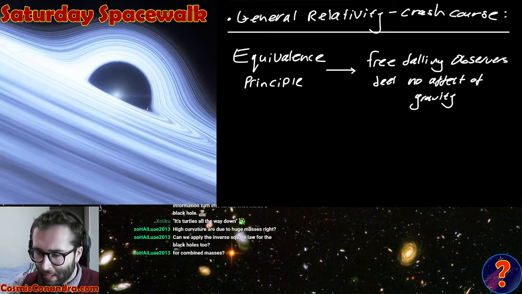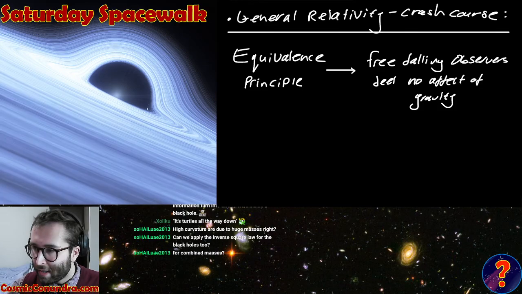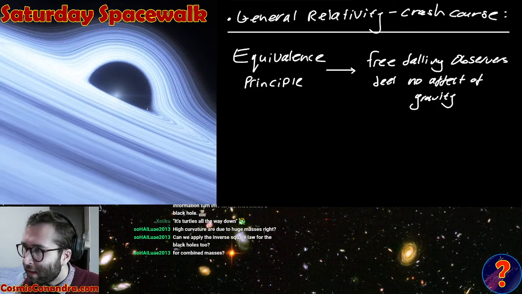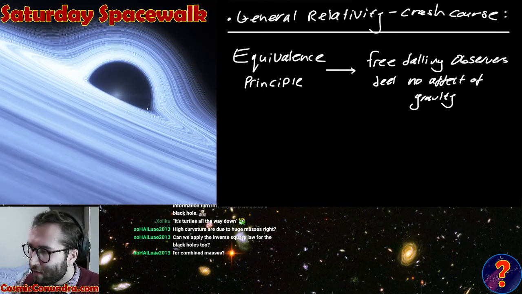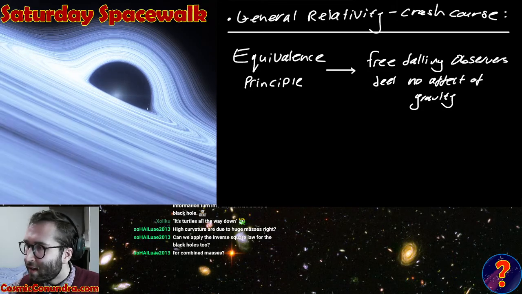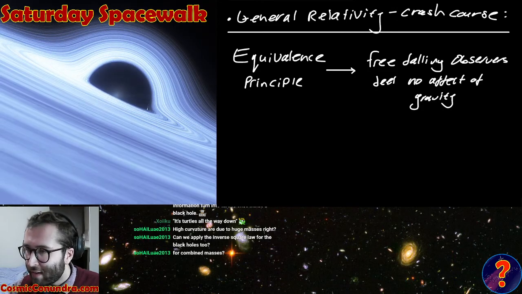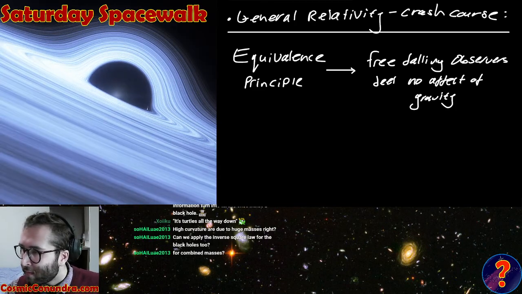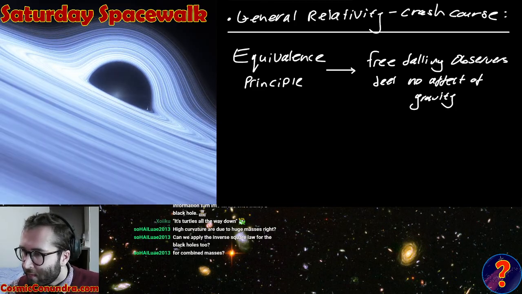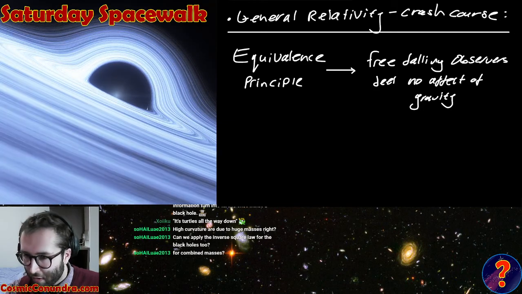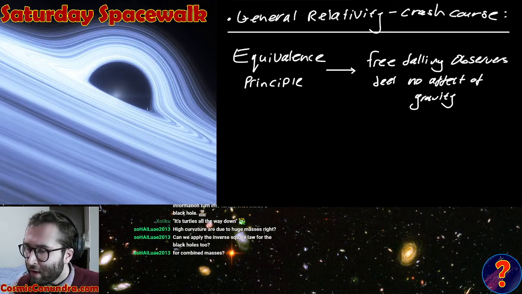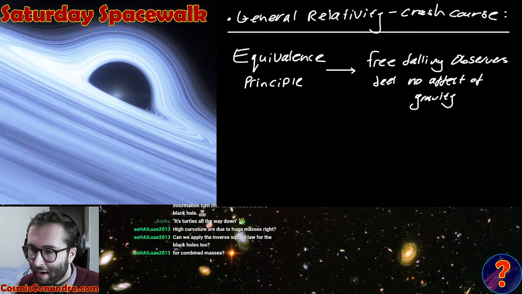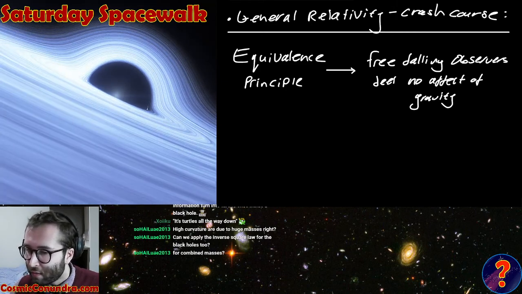People inside, you've probably seen clips, feel completely weightless and float around. So the observers inside this craft in free fall feel no effect of gravity. This is an important principle: if you are in a free-falling reference frame, free to fall under the effects of gravity, you will feel no effect of gravity.